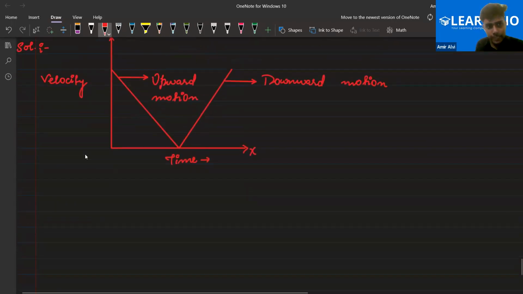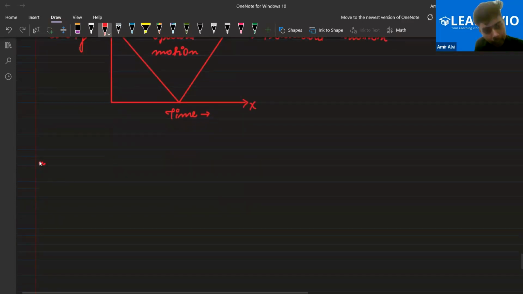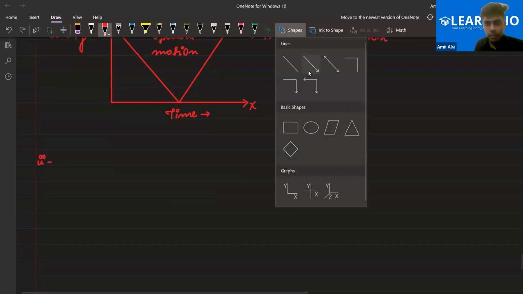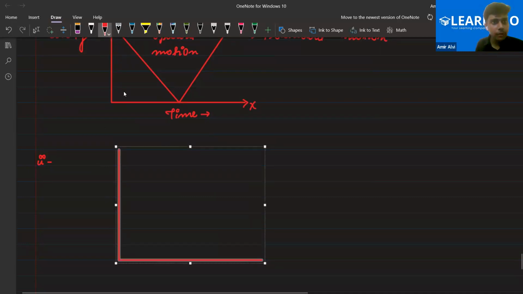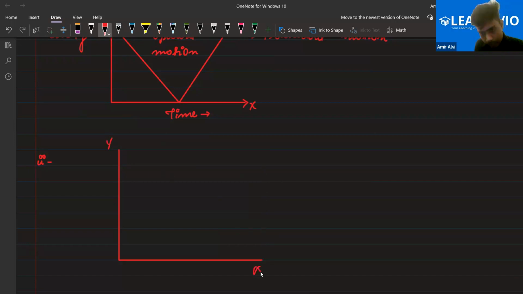Now let's draw the second case. The second case is saying that the trolley is constantly decreasing its velocity to a uniform velocity, right? Like this. So this is the y-axis, this is the x-axis. So this is time, increasing on the right side.